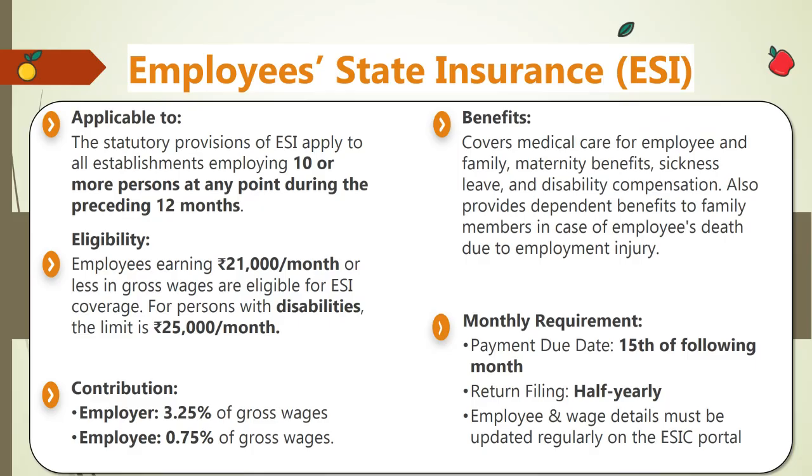By contributing to ESI, you and your family would be covered for medical insurance, medical care for the family, maternity benefit, sickness leave, disability compensation, and dependent family benefits for family members in case of employee death due to employment injury. Monthly payment is due on the 15th of the following month, returns are filed on a half-yearly basis, and employee and wage details must be updated regularly on the ESIC portal. So in this way, ESI works.